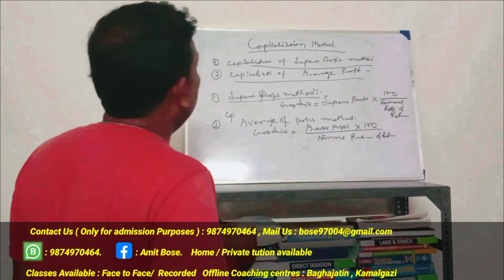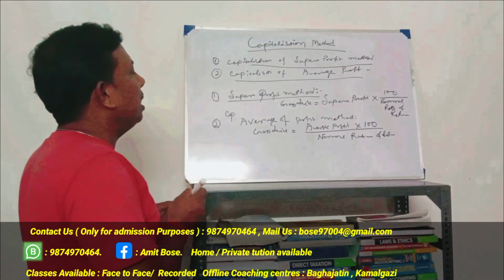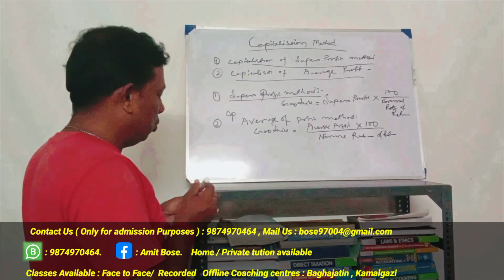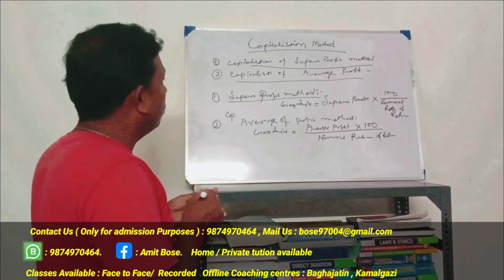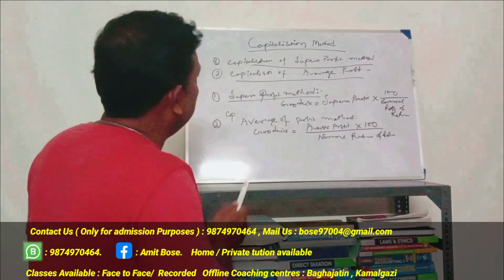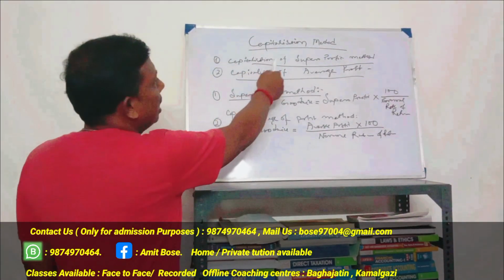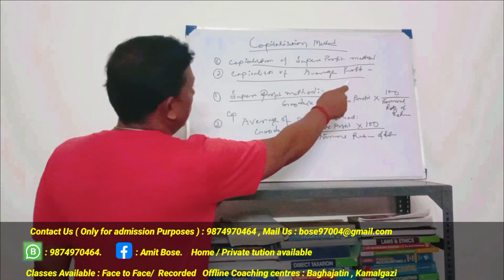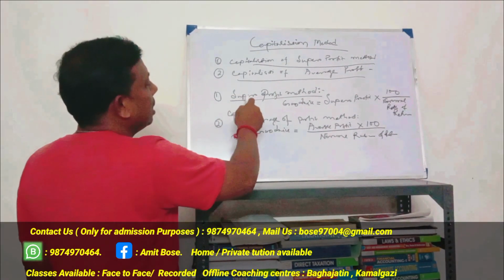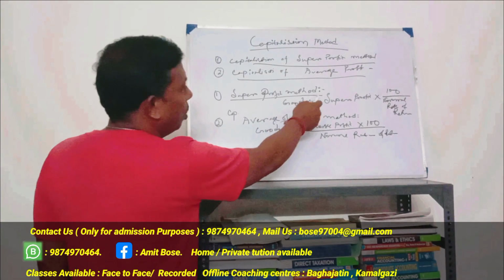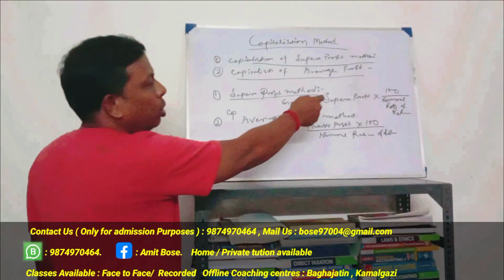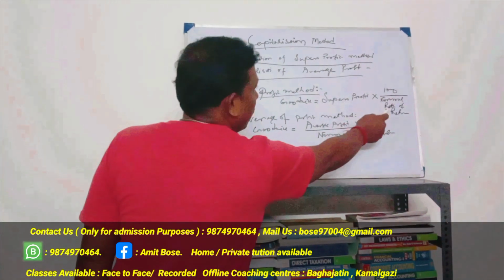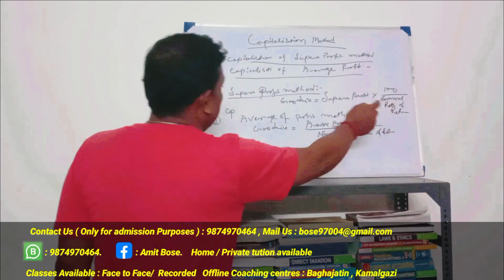Here are the two formulas for valuation of goodwill under the capitalization method. Number one, capitalization of super profit method: goodwill equals super profit into 100 divided by normal rate of return.